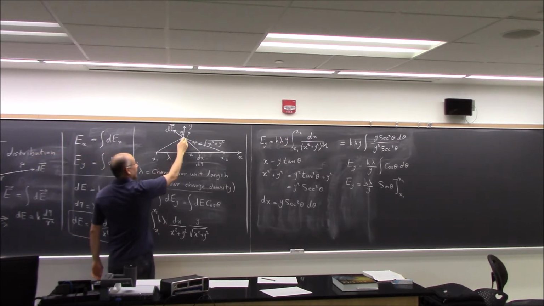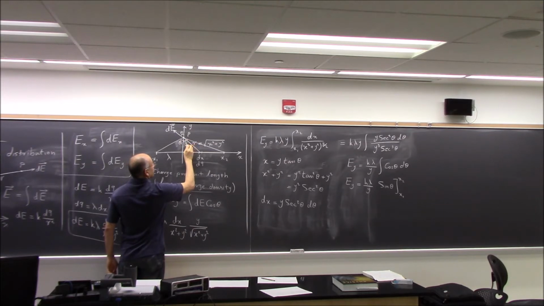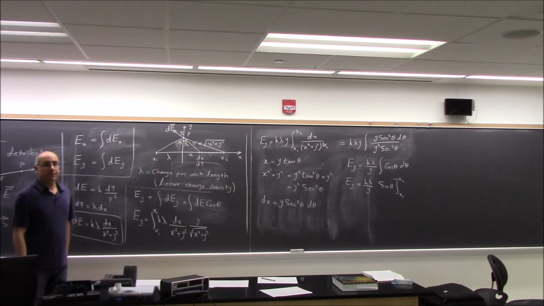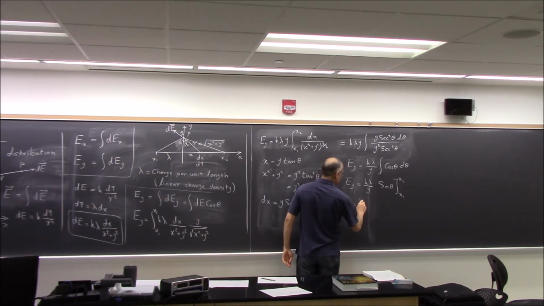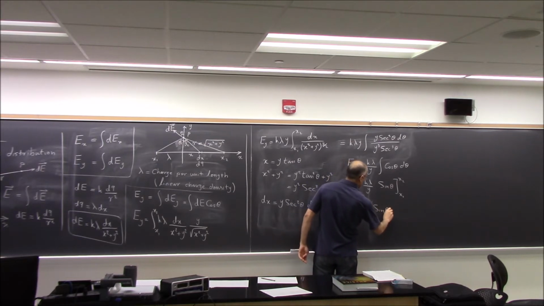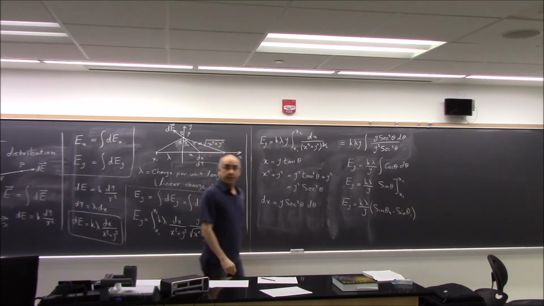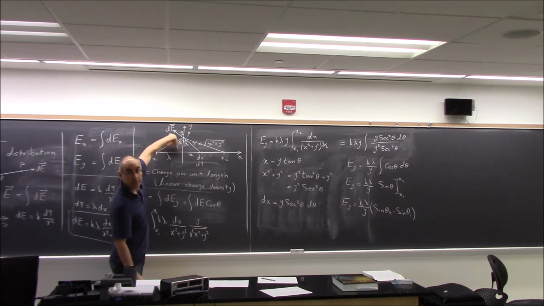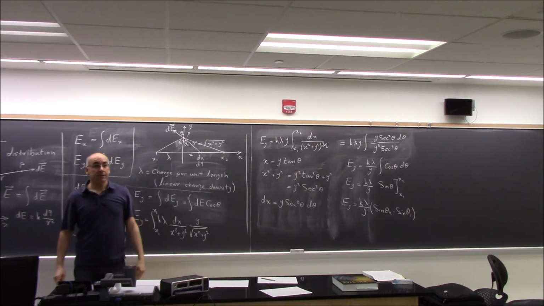Let's call this angle theta 1. Call this, the other side, theta 2. And that will be Ey equal to k lambda over y times sine theta 2 minus sine theta 1, where theta 1 and theta 2 are the angles from the vertical of the two extreme sides of the line.